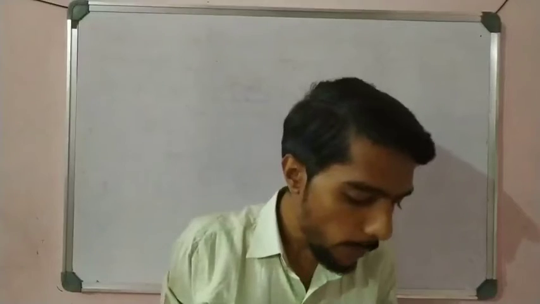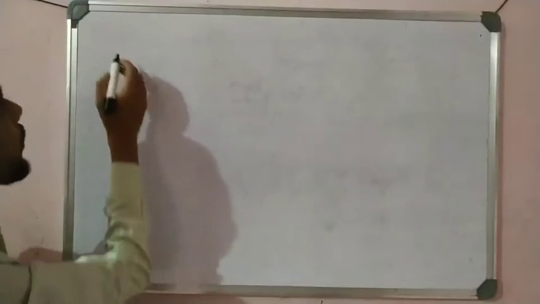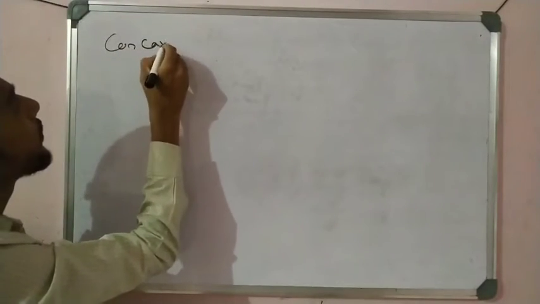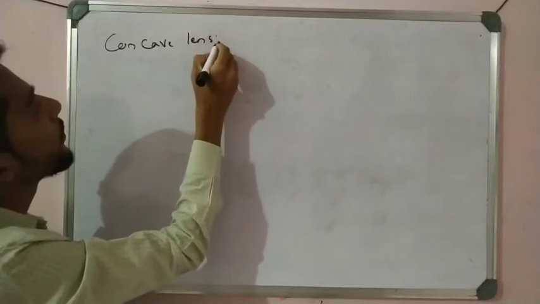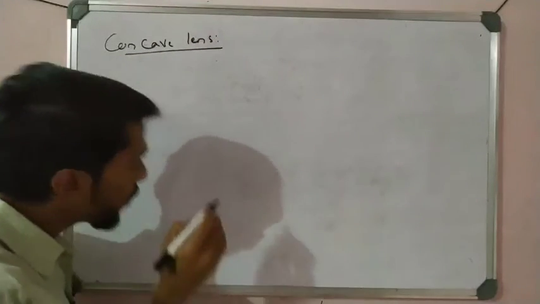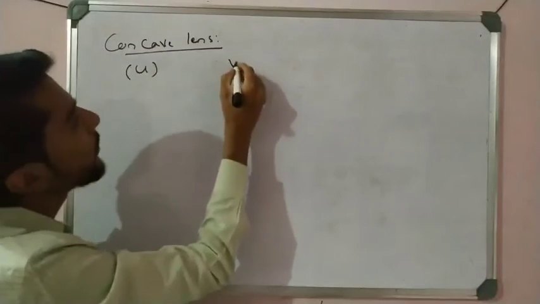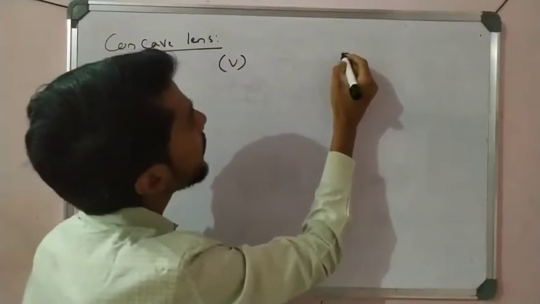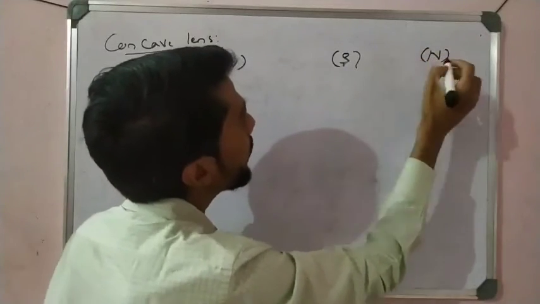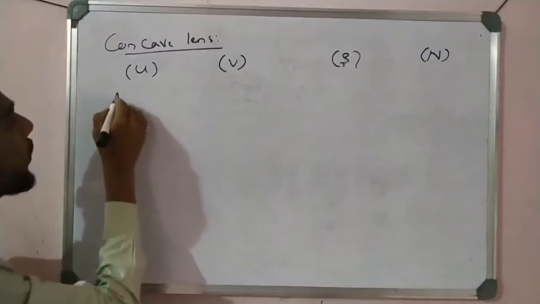Now students, take the concave lens here, right? So the concave lens. Here we have object, image, size, nature of the image, right? So the first one, at infinity, only two cases are there.